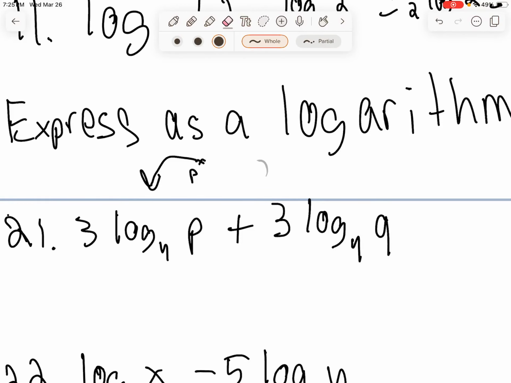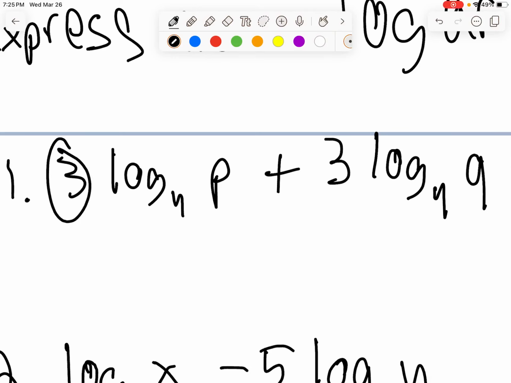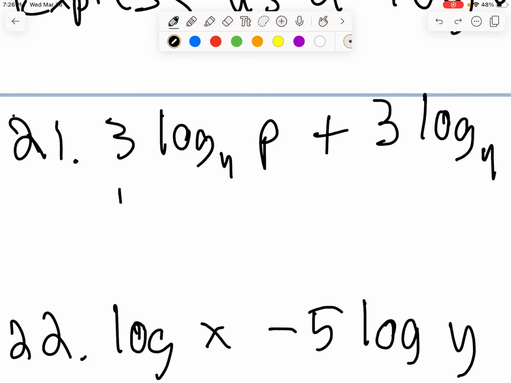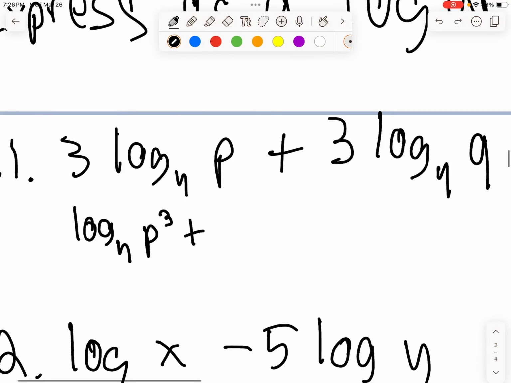So since we have 3 here and 3 here, we want to bring both of those powers back up to where they used to be. So, log base 4 of p cubed plus log base 4 of q cubed.